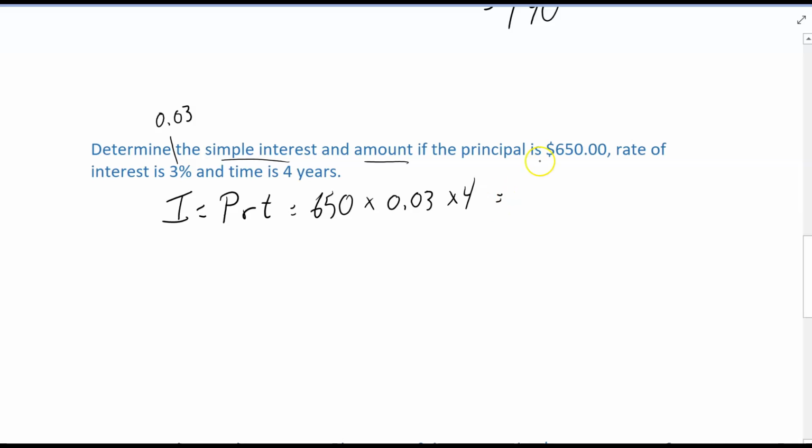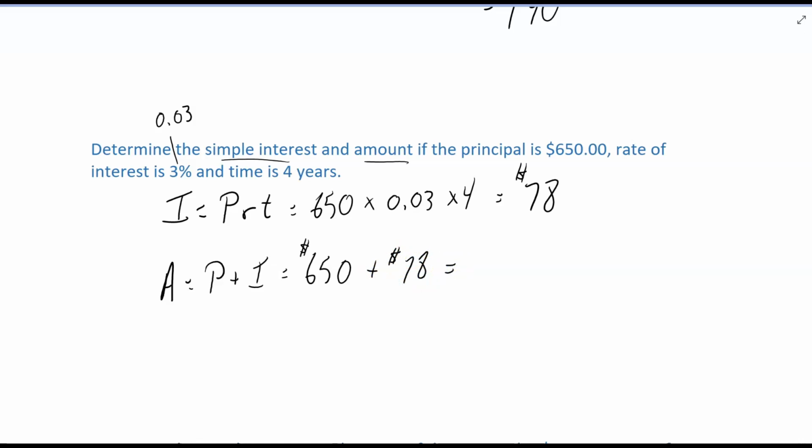And we get 78. That's $78 interest charged. Then the amount is equal to the principal plus the interest, which is $650 plus $78. That's $728.